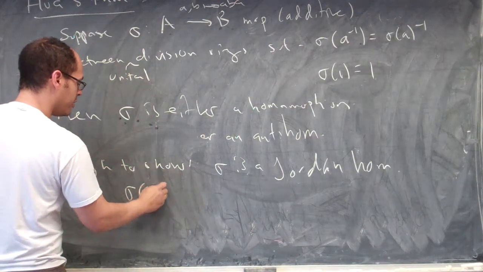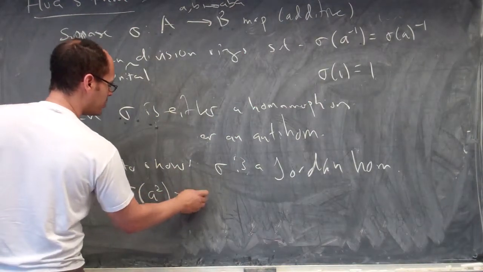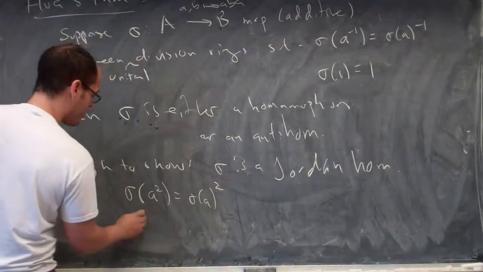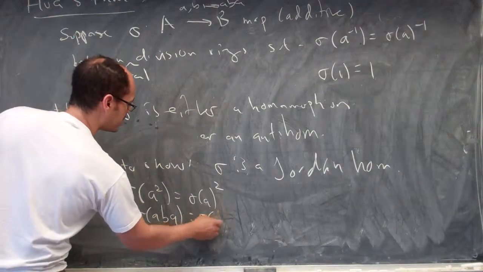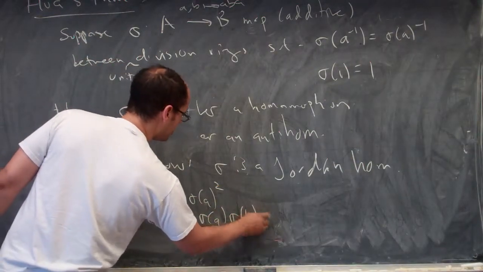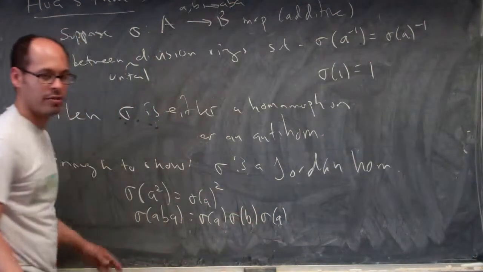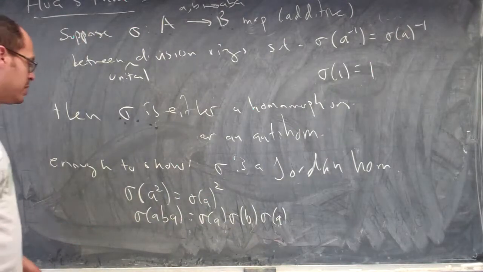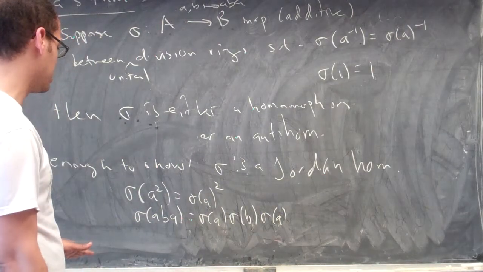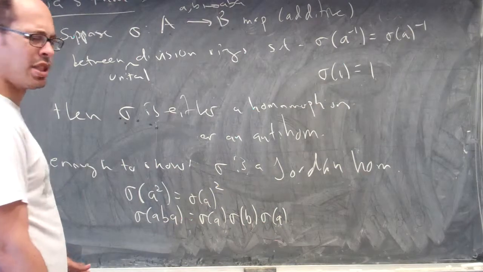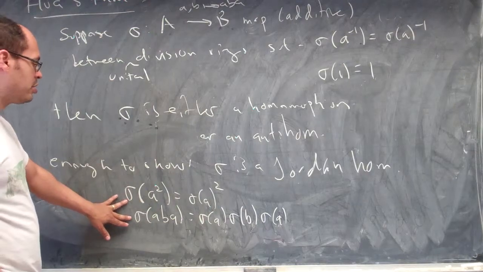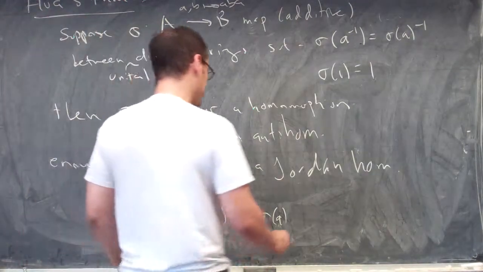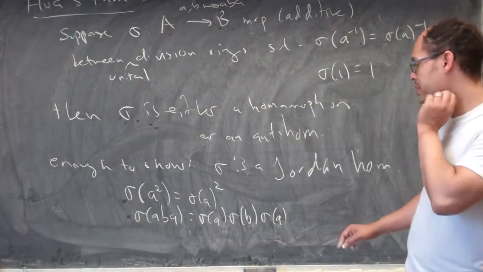So if sigma of A squared is sigma of A squared, and if sigma of ABA is sigma of A, sigma of B, sigma of A, I'm going to go back to exponential notation for the map soon because this is going to be tedious to write all these things. Actually, we won't really have use for it in this lecture. But if these two facts are true, then we say that it's a special Jordan map, Jordan homomorphism.